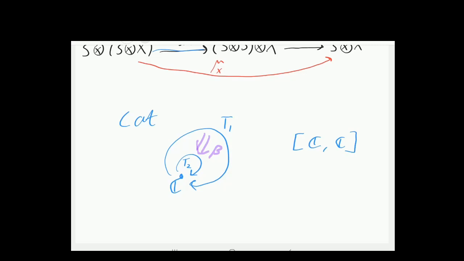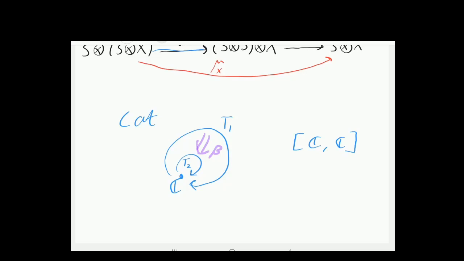But why can't we do this in a more general setting? What is Cat but a 2-category? It has 0-cells as objects, 1-cells as arrows, and 2-cells as natural transformations, the arrows between the arrows.